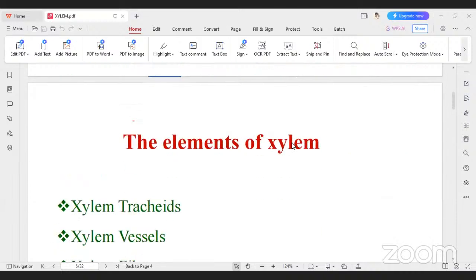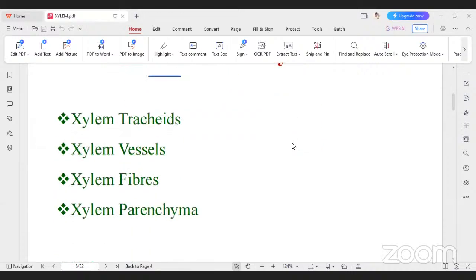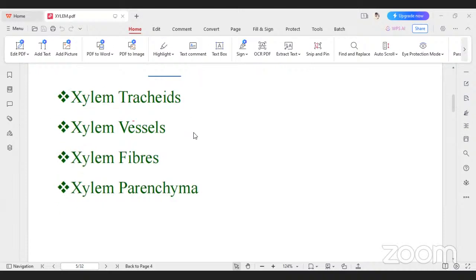Now let's see the elements of xylem. Majorly four elements: xylem tracheids, xylem vessels, xylem fibers, and xylem parenchyma.